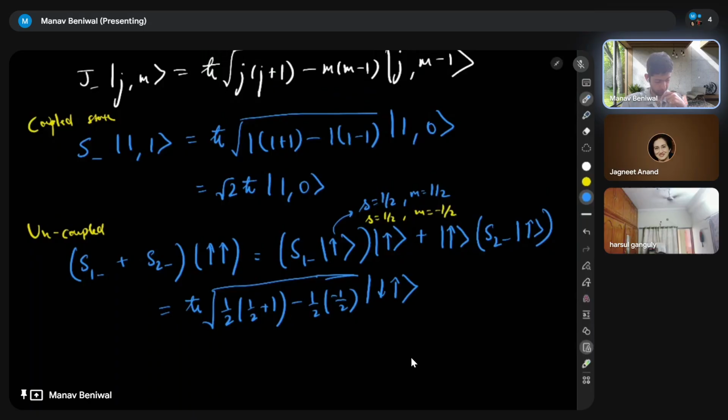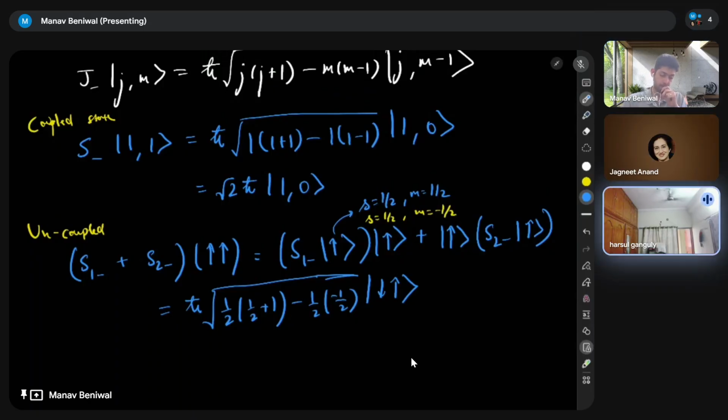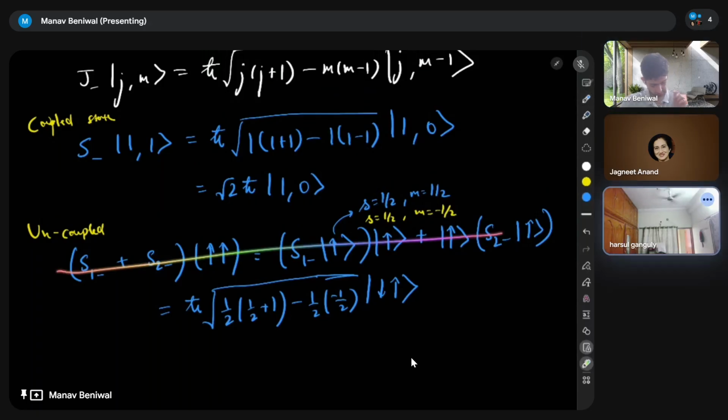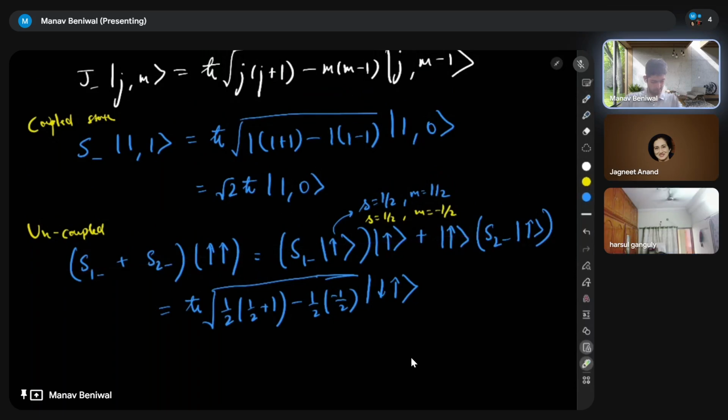Sir, I did not understand this part in the uncoupled state when you split these two things. The two up arrows were split into two single states. Okay, let me take my pen.